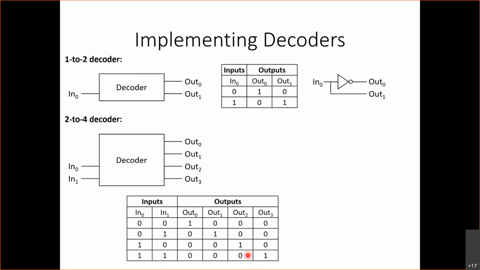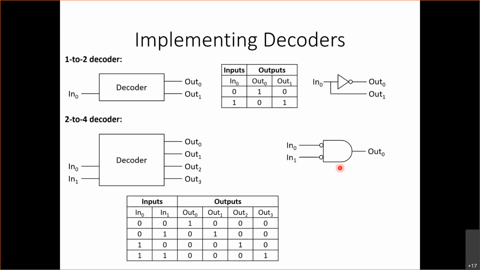Okay. So again, let's see how we can implement a 2 to 4 decoder. Well, out 0 is 1 when n0 and n1 are both 0, and it's 0 otherwise. So out 0 is 1 when we have not n0 and not n1.